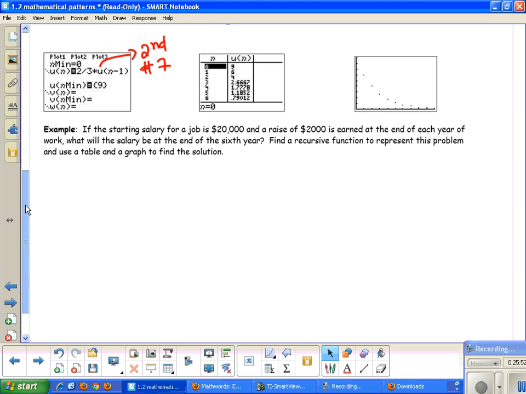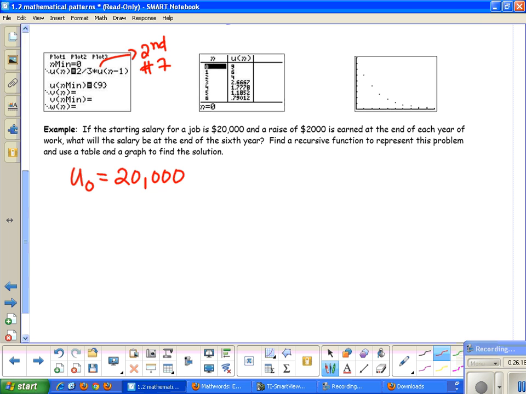So if it helps you to write it all out first, that would be probably a good idea. Now, for this equation, normally when you're starting off with salary, like my salary as a teacher, I started off with year 0. They don't really start you off with year 1. So instead of starting off with u sub 1, I'm going to do u sub 0 to stand for my first year. So my first year, I'm making $20,000 a year.